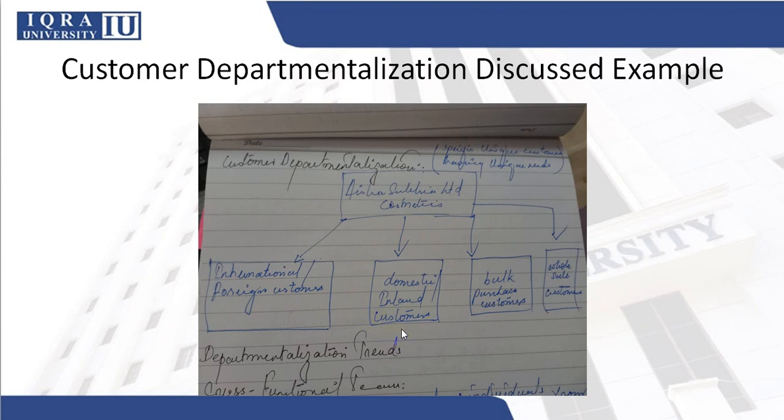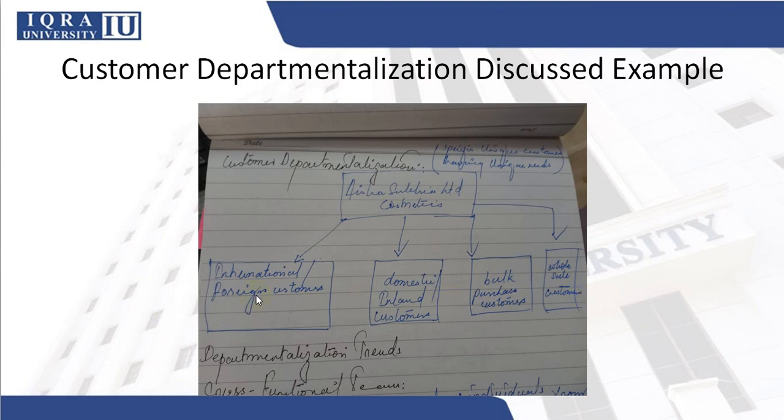Then secondly, I have written here domestic or inland customers, the local customers of my country. I have a different relationship with them. They have different needs and different demands, so that's a different department. Bulk purchase customers: obviously we have different prices and different strategies for bulk customers, so that's a different department. And then we have wholesale customers who buy at wholesale prices.